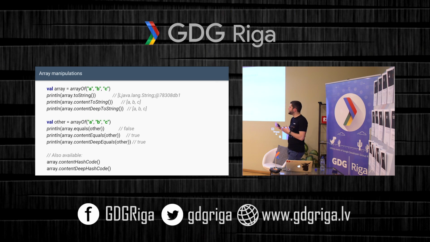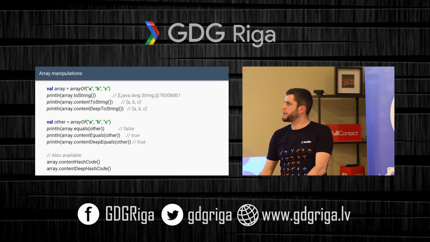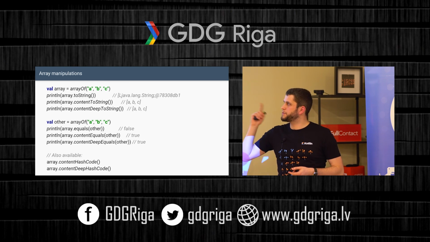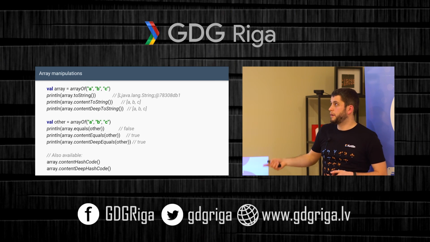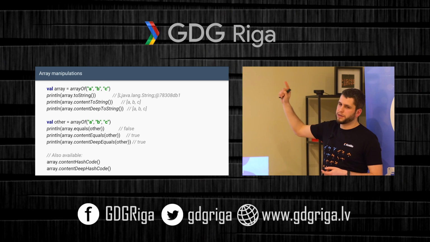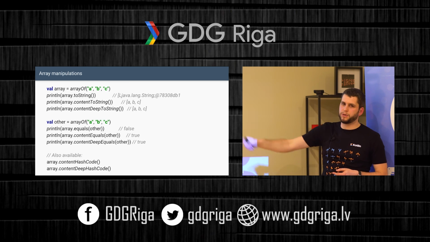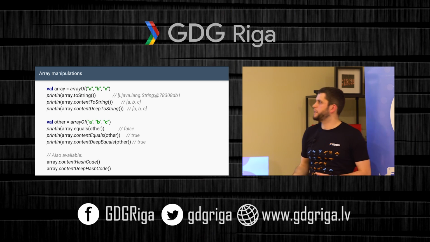And contentDeepToString actually goes into each element and returns the toString of that. Because if those letters were not letters, but some kind of objects that are not data objects, there would be a string of Java nonsense from toString. And like that, you can go deeper and deeper and print all the data inside of the arrays.